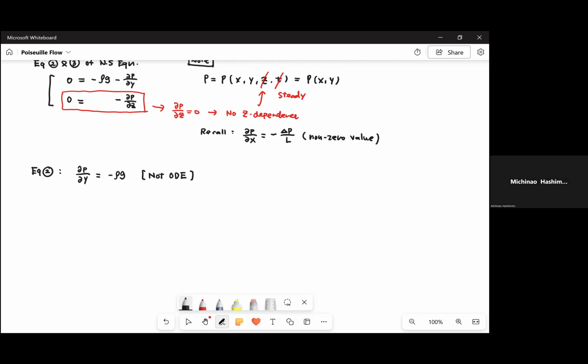When you integrate with y, what you get is p equals to minus rho g y plus, because this is a PDE, instead of a constant a, in general we must add some function f of the remaining variables.